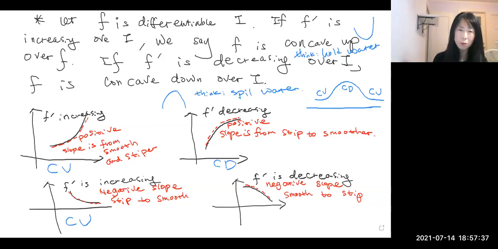So think about the number. Just plug in the number. So m equal to 2, m equal to 10, right? Bigger number, more steep. In negative, smaller number.